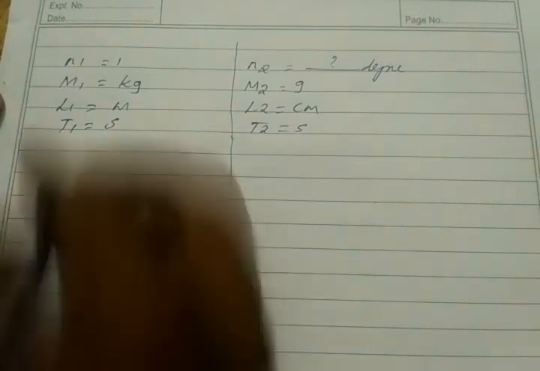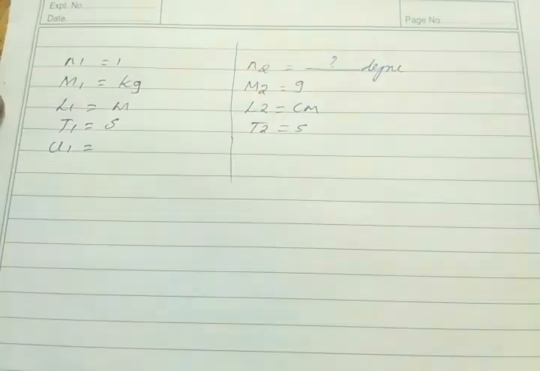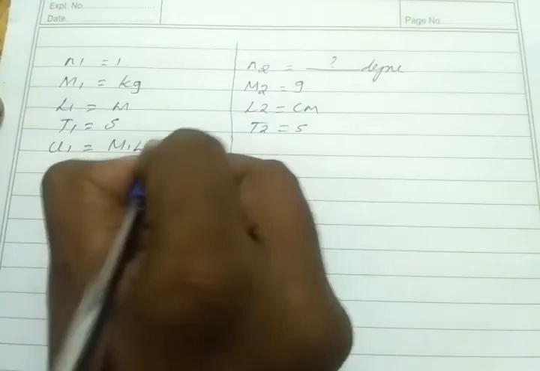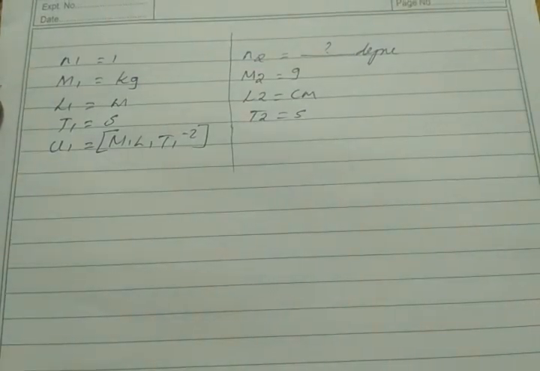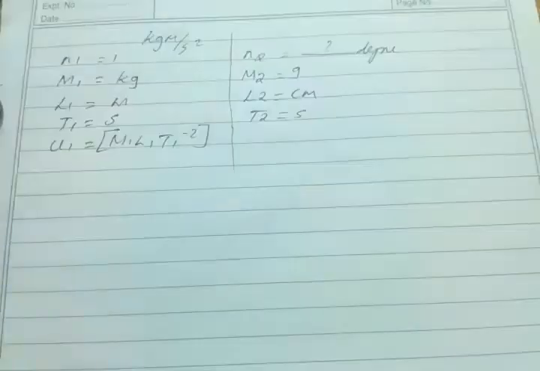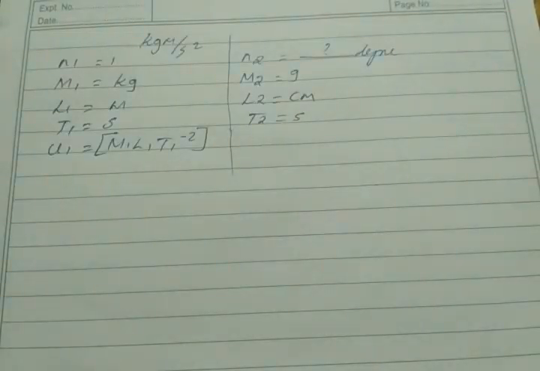What will be the dimensional formula? For U1, the first unit, we have M1 L1 T1 power minus 2, because we use the term kilogram meter per second square. This is the actual unit of Newton. But for the second unit, instead of kilogram we use gram, instead of meter we use centimeter, by second square.